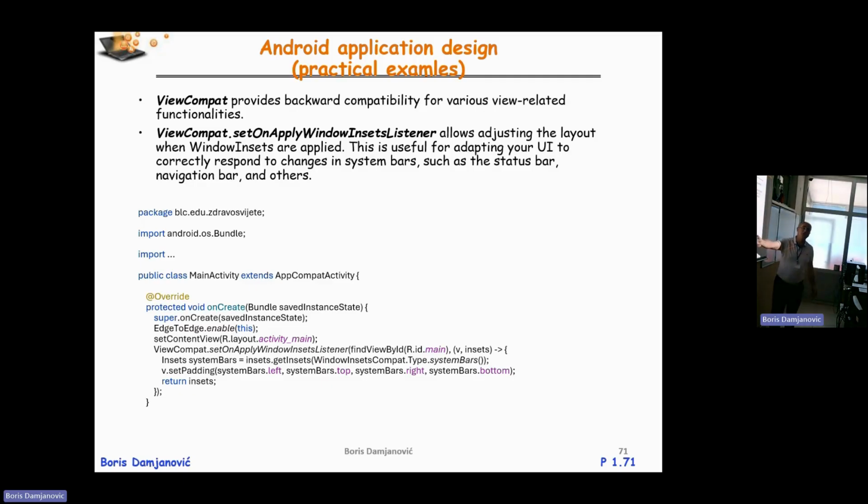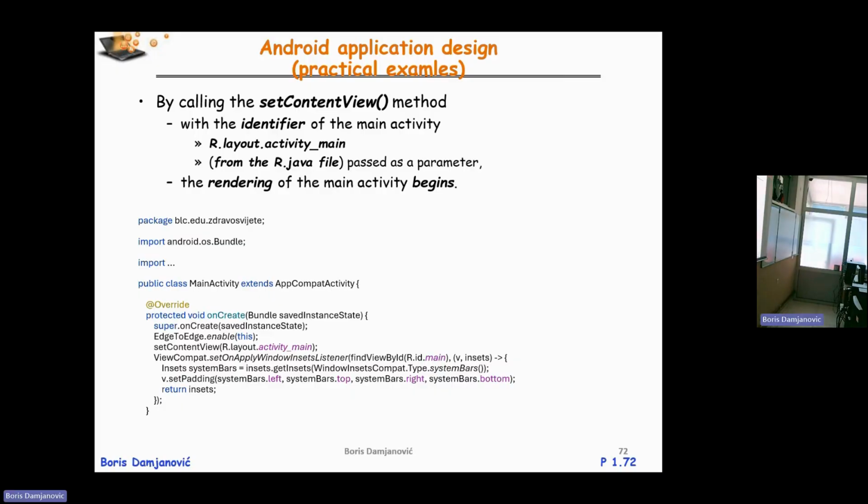Backward compatibility allows us to write one version of code for all versions of Android. But our application should work without this, and I'll show that later.